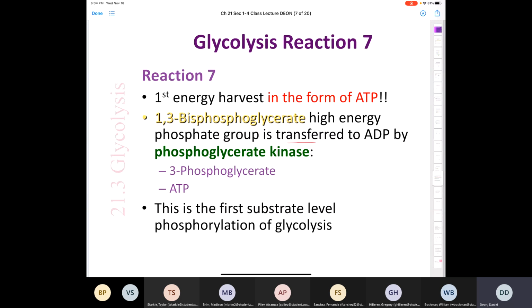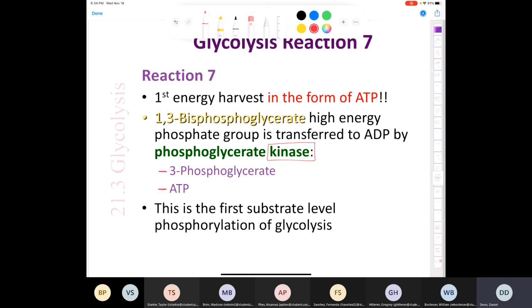Okay, you've seen kinases enough by now to know that they're involved in the transfer of a phosphate group. The products are going to be ATP and this molecule called 3-phosphoglycerate. Again, this is the first substrate level phosphorylation of glycolysis.